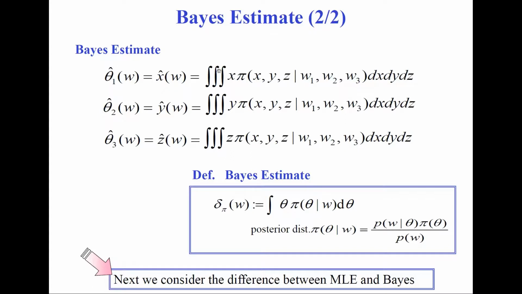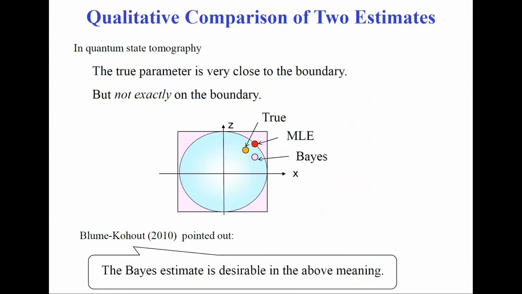Now let's see a certain difference between the maximum likelihood estimate and the Bayes estimate. In quantum state tomography, the true parameter is often very close to the boundary of the parameter space, but not exactly on the boundary. This is a typical situation in quantum information experiments.